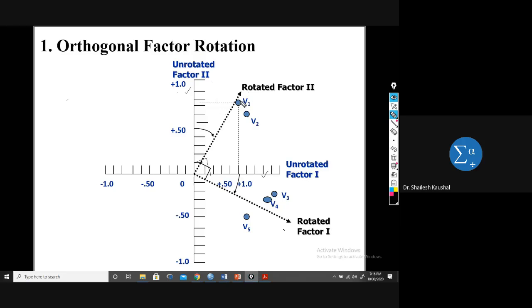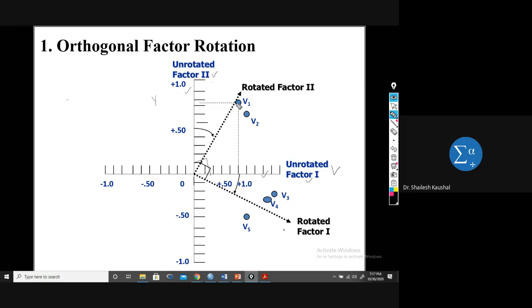Now if I take variable v1 and project it on the axes, there are two factors: this is factor 1, and the y-axis is factor 2. It is just for explaining the concept of factor rotation.